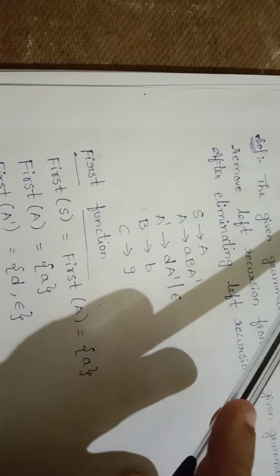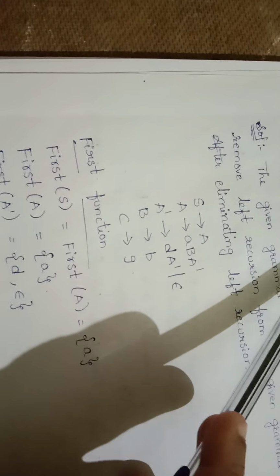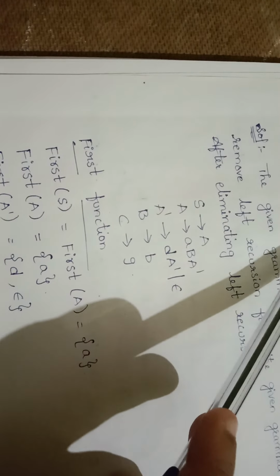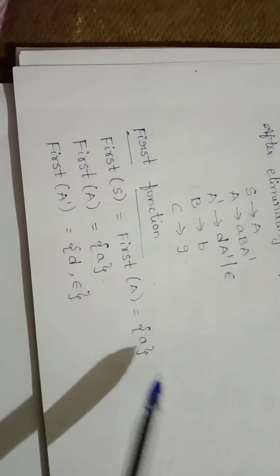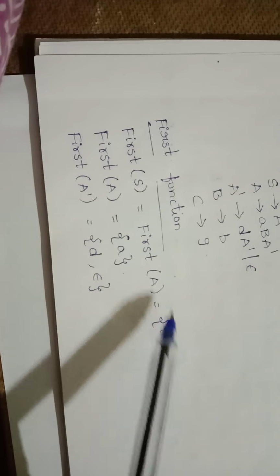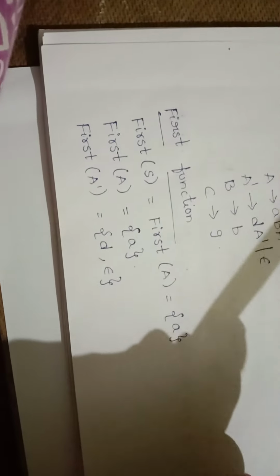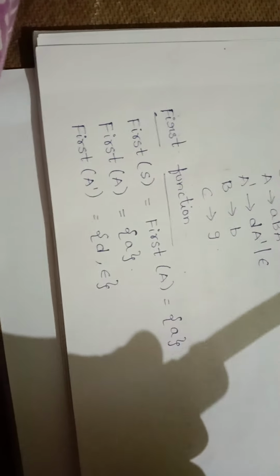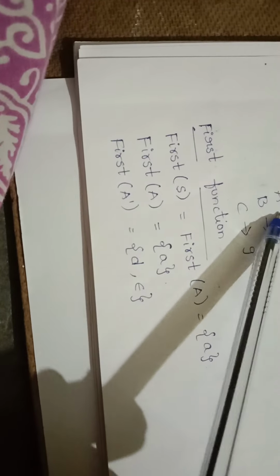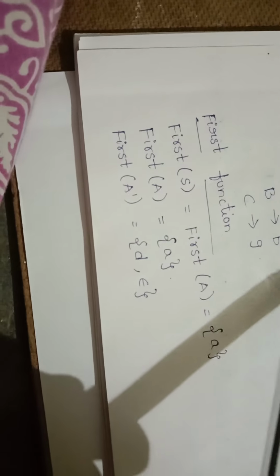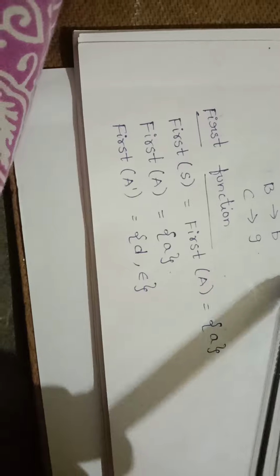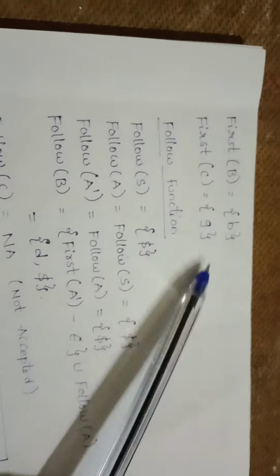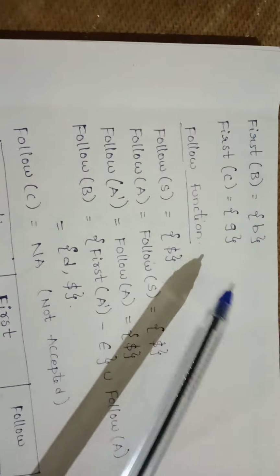So again First of S is nothing but First of A. So calculate First of A. Here we have a terminal symbol d, so we consider d as the First of A. First of A dash is b, and here again we are having epsilon, so b comma epsilon is First of A dash. First of B is b, and First of C is g.